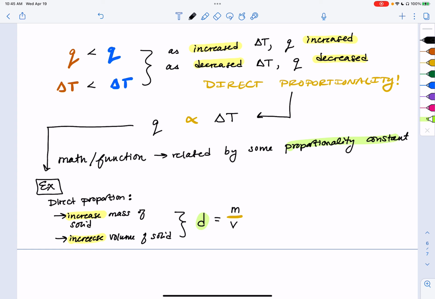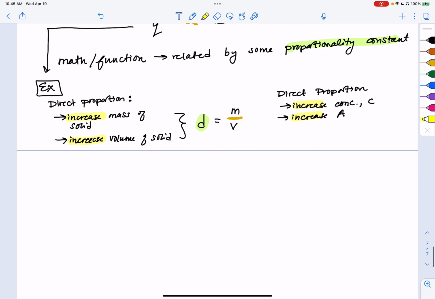Another example of a direct proportion that I now finally remembered is Beer's law. So another direct proportion was that as you increase concentration C, you should also see the increase in the absorbance of a particular colored solution. So since we have the same trend in both variables, this means that they are related by a proportionality constant.